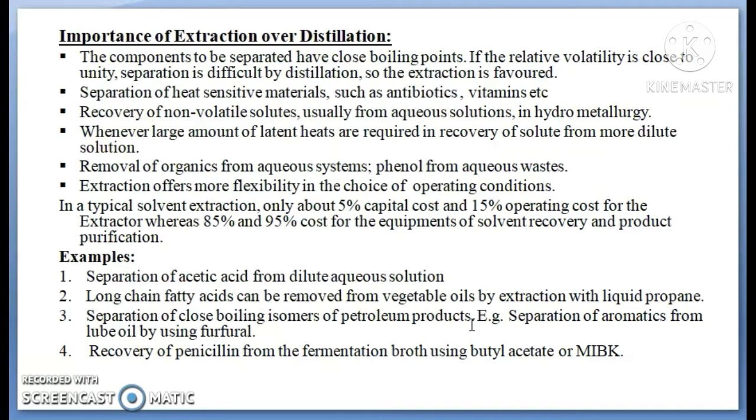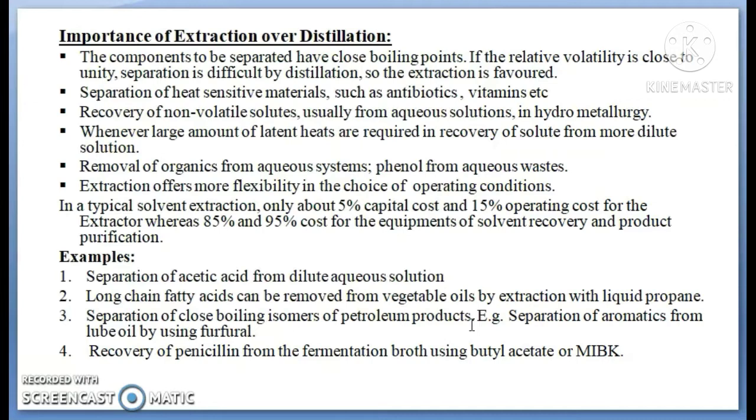Whenever large amounts of latent heat are involved in the recovery of the solute from a more dilute solution using distillation, then extraction is always favored. For the removal of organics from aqueous solutions, such as phenols from aqueous waste, we should prefer the extraction operation. Extraction also offers more flexibility in the choice of operating conditions over distillation.